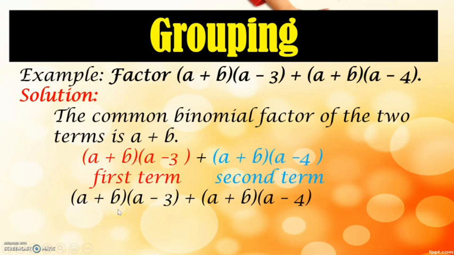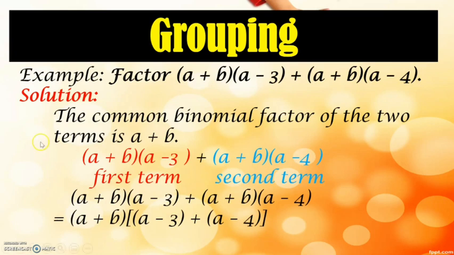So extract the common binomial factor, which is a plus b multiplied by what is left on the first term. It's a minus 3. And what is left on the second term? It's a minus 4. Then we combine like terms. A plus a is 2a. Negative 3 plus negative 4 is negative 7. Thus, the factors now would be equal to a plus b multiplied by 2a minus 7.